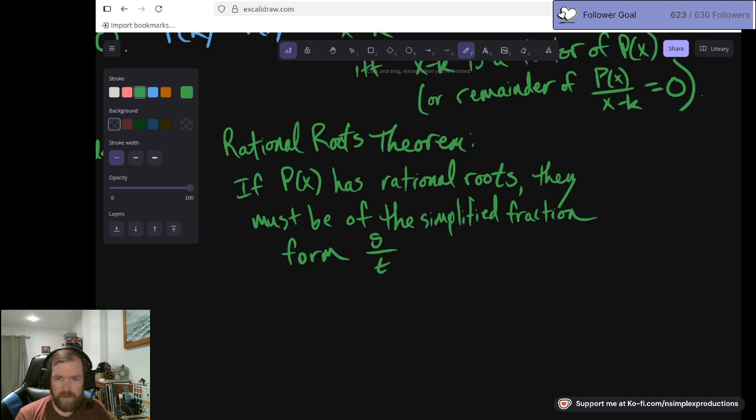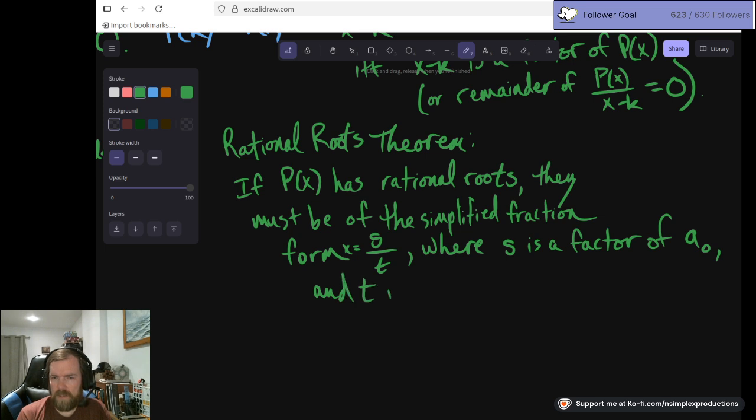S over t, x equals s over t, where s is a factor of a sub 0, and t is a factor of a sub n.